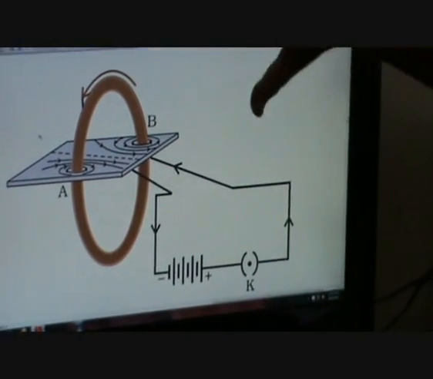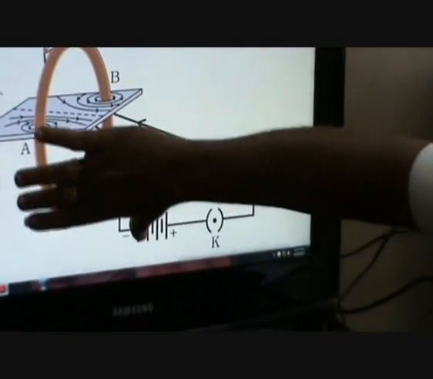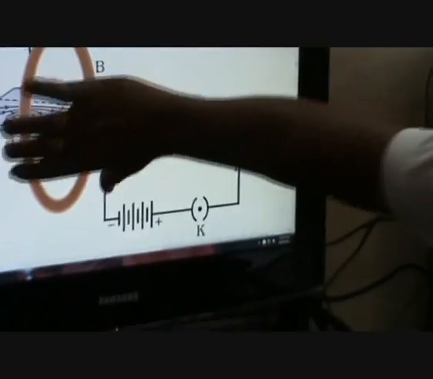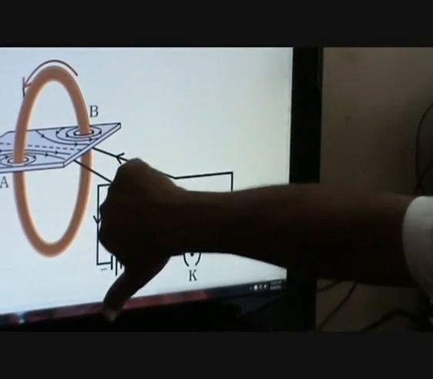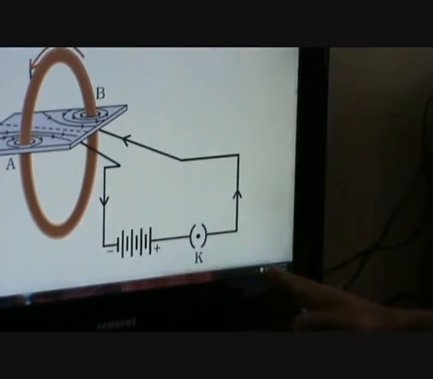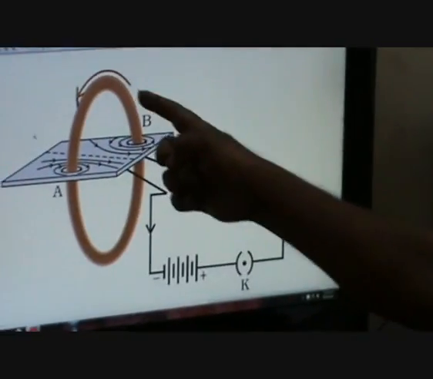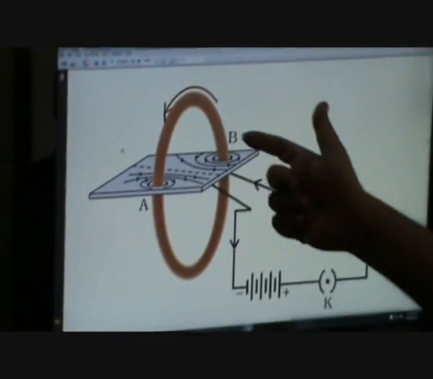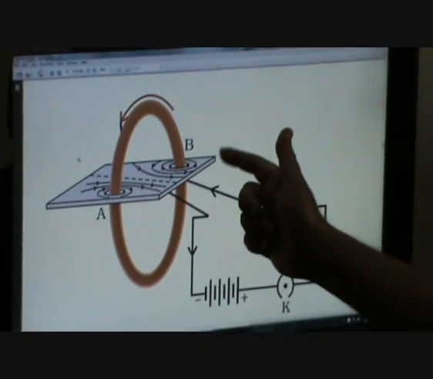Now you have to keep your thumb in the downward direction for point A. When you keep the thumb downward, automatically the fingers go into the loop. So that is why the arrow marks are placed inward. Now if you talk about this current which is coming up, you keep the thumb in the upward direction and the rest of the fingers will come into the coil and go out of it.